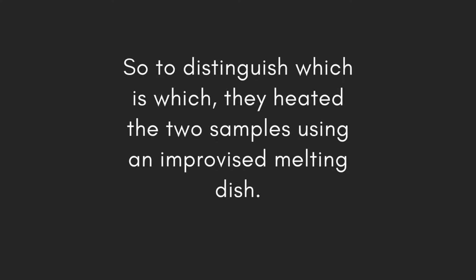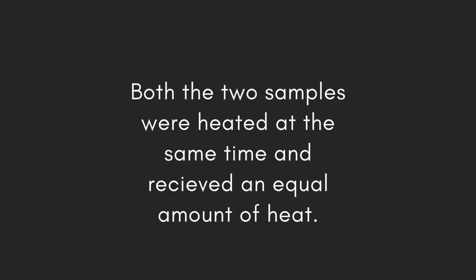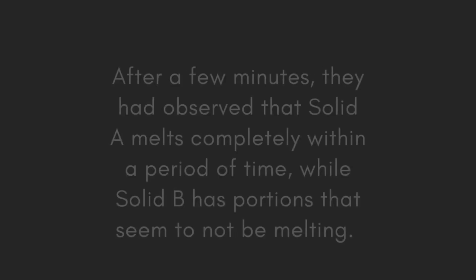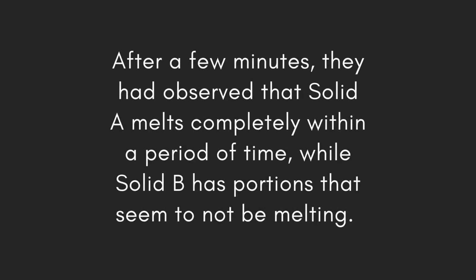So to distinguish which is which, they heated the two samples using an improvised melting dish. Both samples were heated at the same time and received an equal amount of heat. After a few minutes, they observed that solid A melts completely within a period of time, while solid B has portions that seem to not be melting.